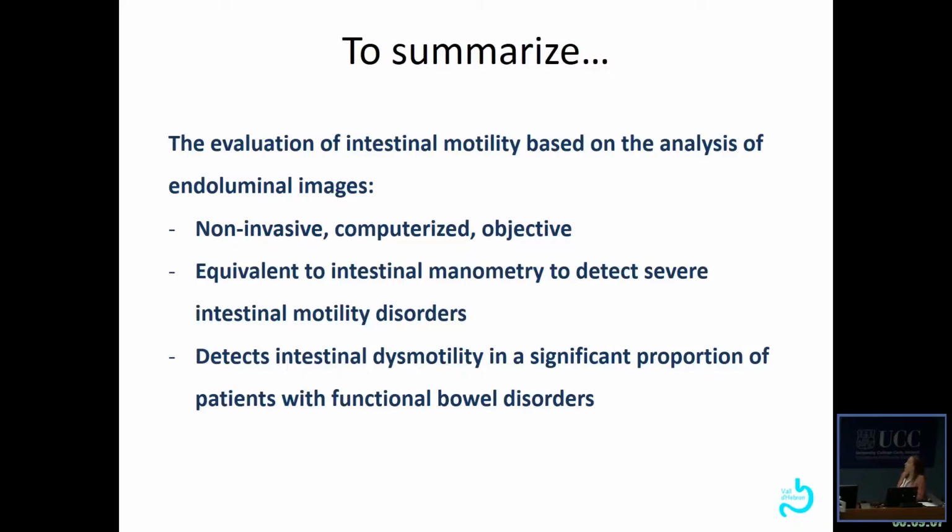Now we are working on applying this technique to other kinds of patients, which we think have not been properly studied, probably because intestinal manometry is an invasive test. There are very few centers that perform it. So many diseases where we suspect there is intestinal dysmotility have not been properly studied.